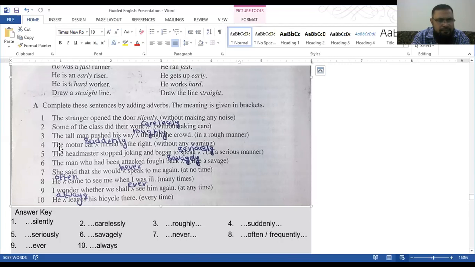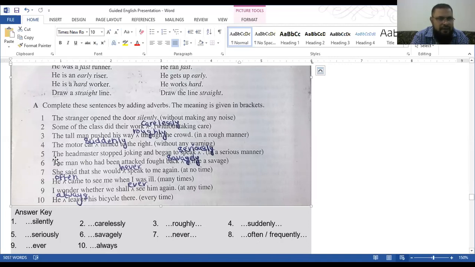Number three, the tall man pushed his way through the crowd in a rough manner, roughly. Okay, that's right. Number four, the motor car turned to the right without any warning. Suddenly.